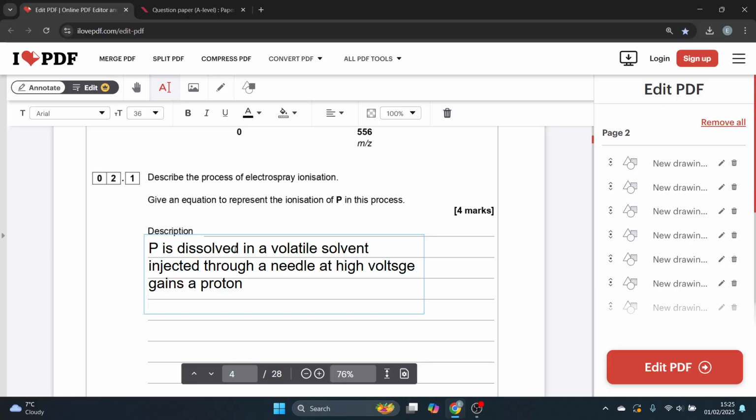That's it. Dissolved in a volatile solvent, injected through a needle, nozzle or capillary at high voltage, gains a proton, H plus.